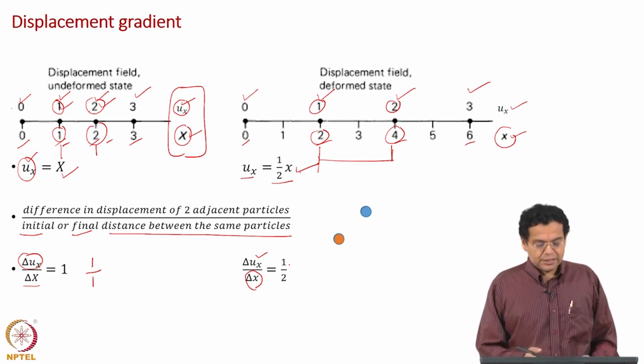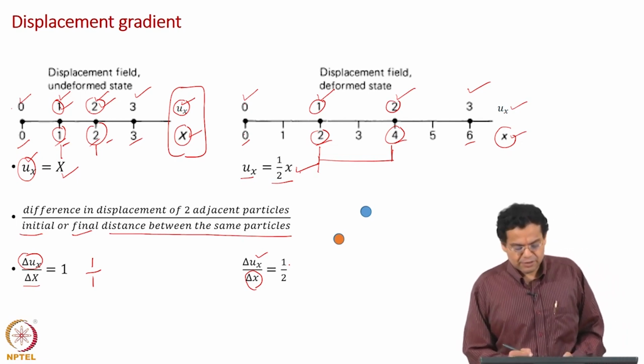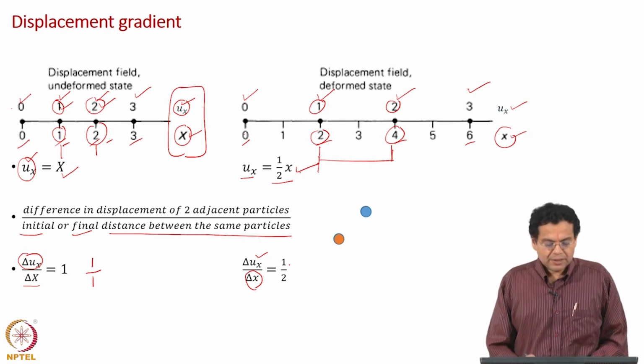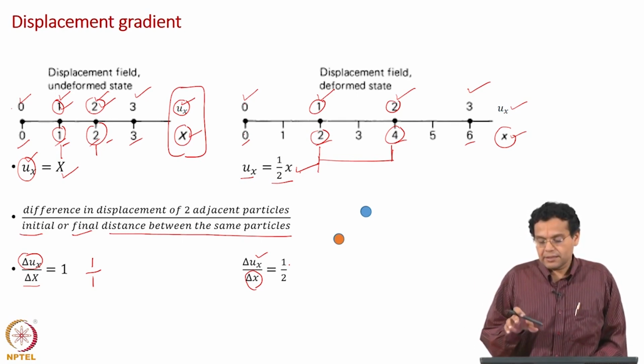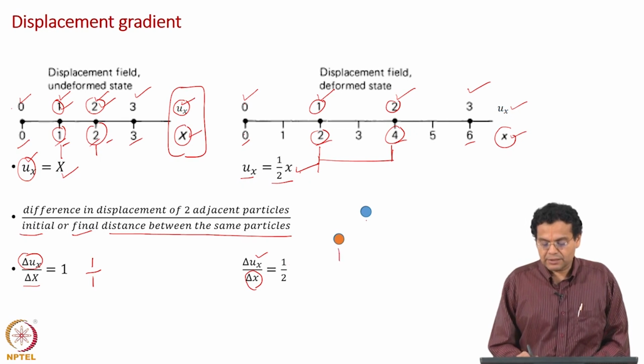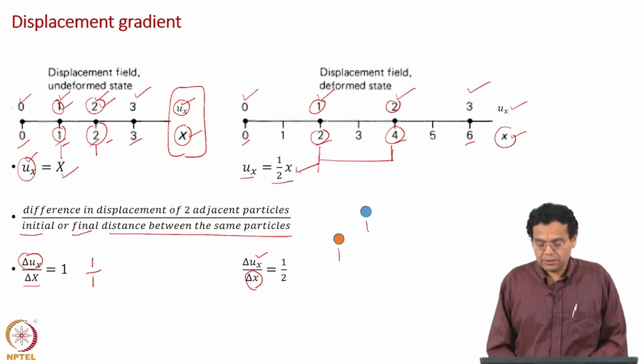Now, this very small animation helps you understand better. Okay. Let us imagine that on the same road we have two persons standing, and they are initially at these locations, one represented by the blue circle, the other by the orange circle.